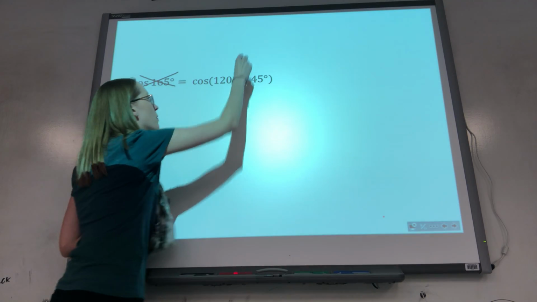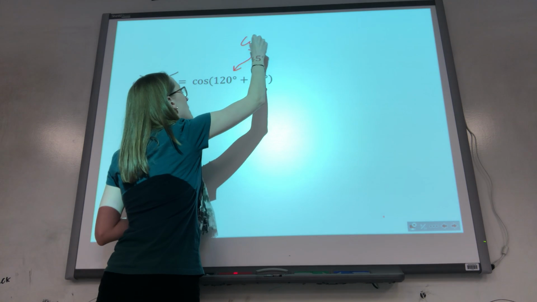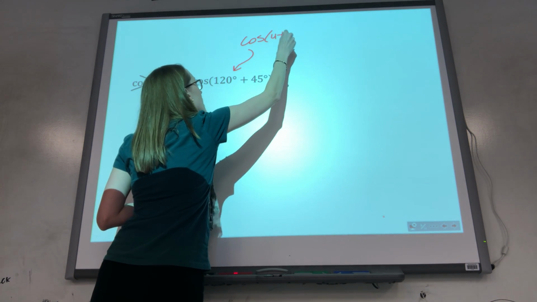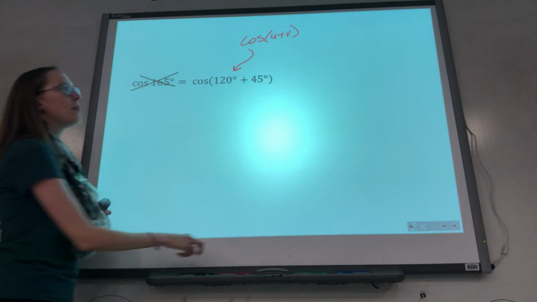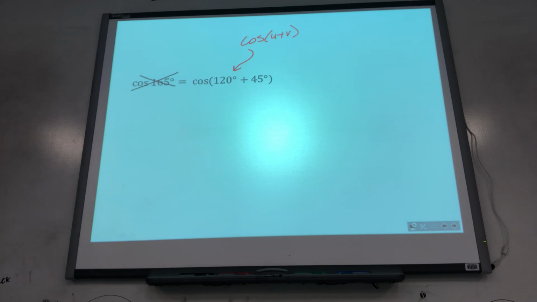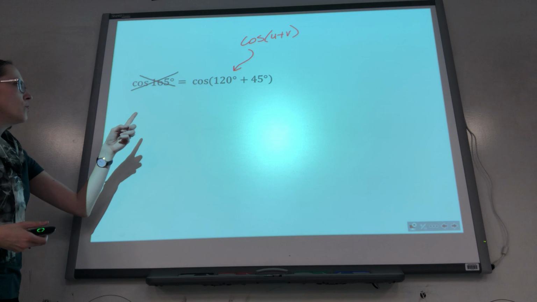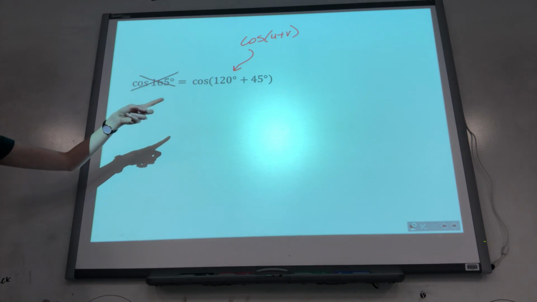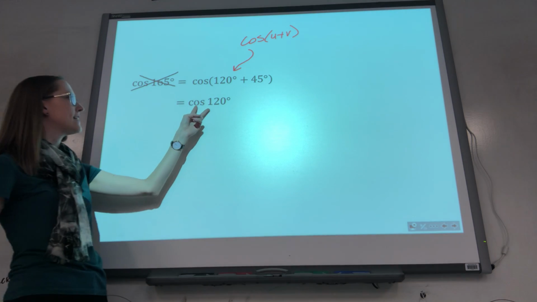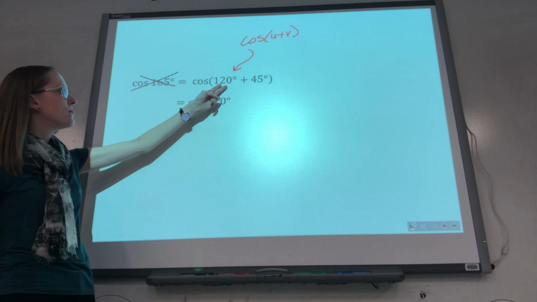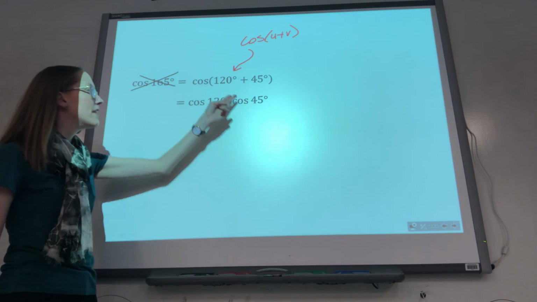So on this problem, I'm using my cosine of u plus v formula. Cosine of u plus v. U is 120, 45 is the v. So here it is. Cosine of u, cosine of v.